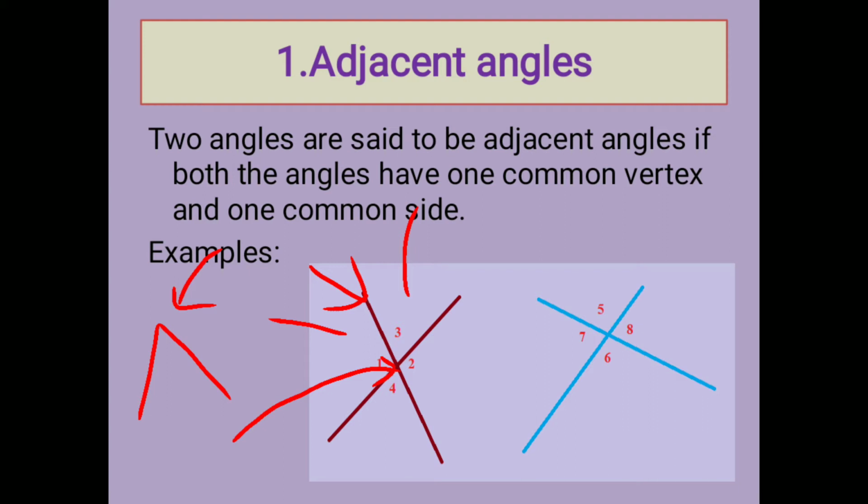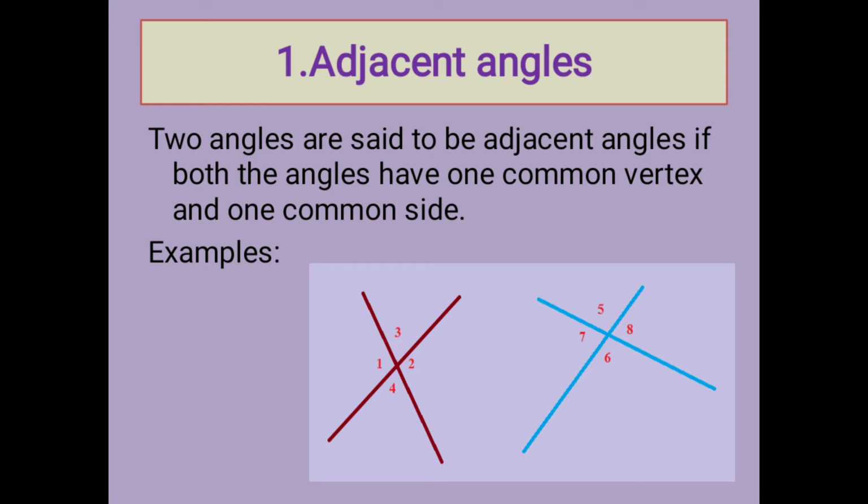So here in these figures you can see angle 1 and angle 3 are the neighboring angles or the nearby angles, so they are adjacent angles. Similarly, 2 and 3 are adjacent angles, 2 and 4 are adjacent angles, and 1 and 4 are also adjacent angles.